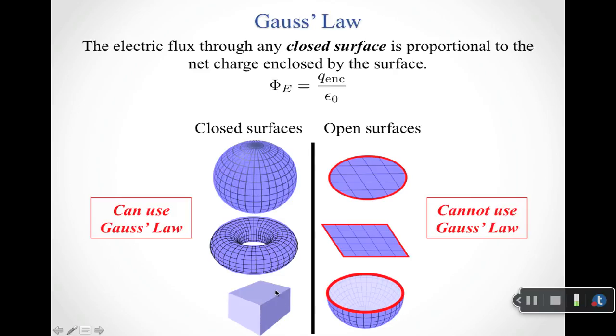And so there are situations where there's going to be enough symmetry that we can use a cube and Gauss's law with a cube, where we pick a cube as our Gaussian surface and use that to figure out the flux through a single side of the cube, therefore thinking about the flux through what really is an open surface. But that's a pretty rare case.